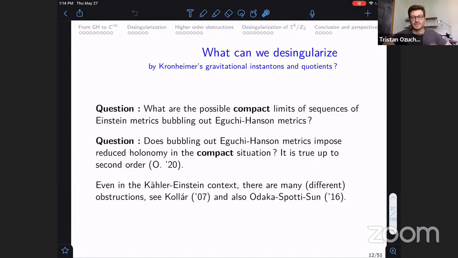Most of these orbifolds cannot be desingularized by smooth Kähler-Einstein metrics. But these obstructions are very different from mine, so there is almost no link between them.